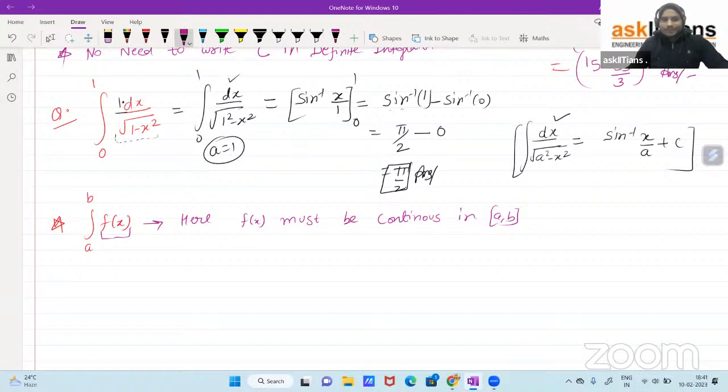Then only is there a meaning of this integration. If it is not continuous, then you can't integrate it. If it is not continuous in a to b, then you have to break it accordingly.